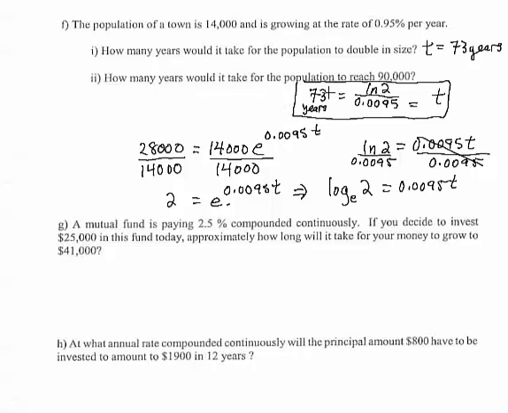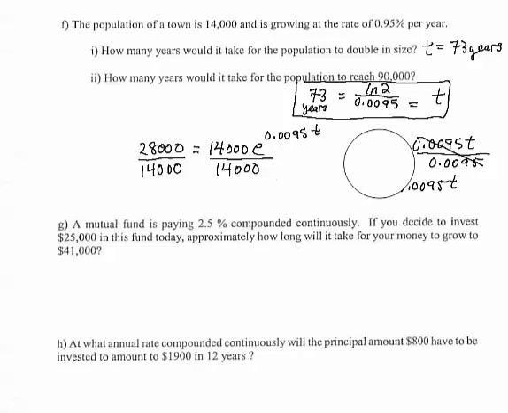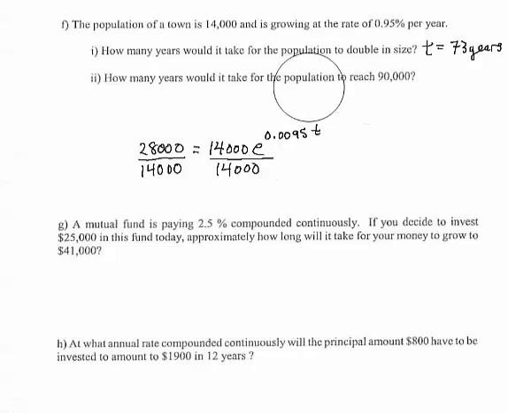How many years would it take for the population to reach 90,000? So we need to take our original equation. The growth rate stays the same, 0.95%, which placed inside of our formula, we would convert to a decimal of 0.0095.